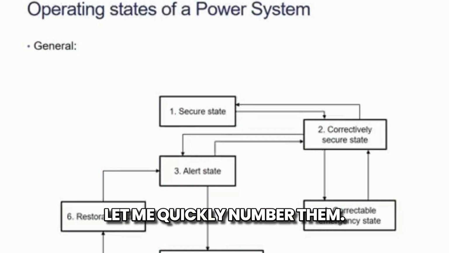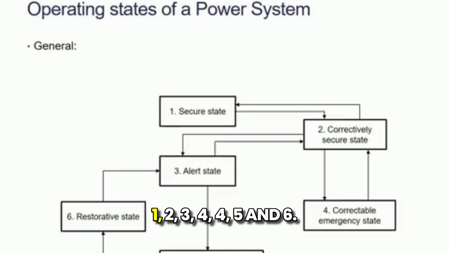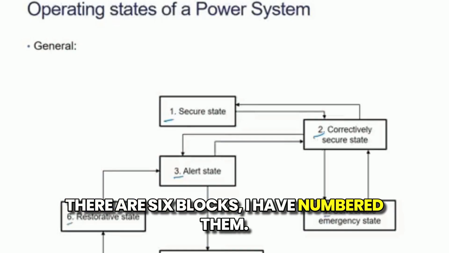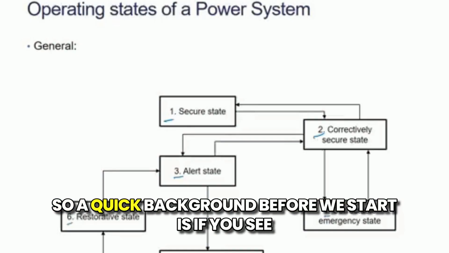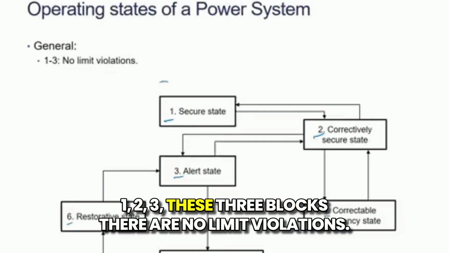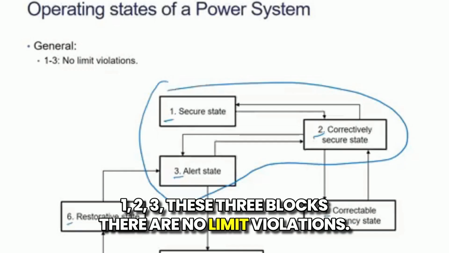Let me quickly number them: I have numbered them here 1, 2, 3, 4, 5, and 6. A quick background before we start: if you see these 3 blocks, 1, 2, 3, there are no limit violations.